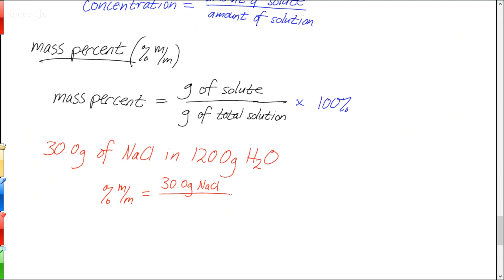Well, so that's the tricky part about this. The 120 is the mass of water. 150 is the mass of the total solution, because the total solution has water and sodium chloride in it. So the total mass is both of those together. So I'm going to write 120 plus 30, which is the total mass of the solution.